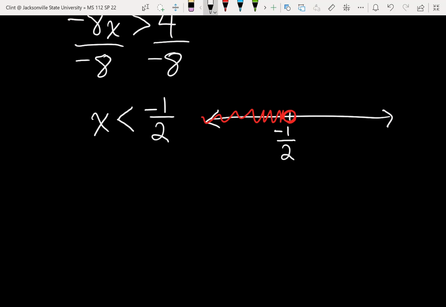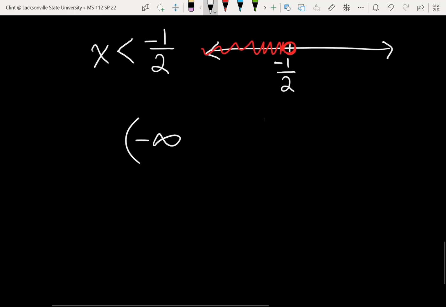So what's the smallest x value I can have in my solution? Yeah, it goes forever to the left, so there's not a limit on that. We can go all the way to -infinity. Always has a parenthesis. And then how big can I get? Go all the way up to -1/2. Right, because we got to stop when we get to the -1/2. But then we're actually not including -1/2, so a parenthesis.